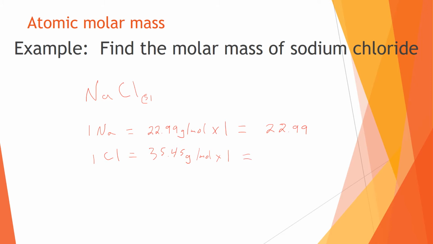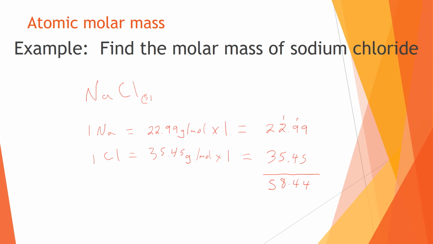So the chlorine weighs a total of 35.45 grams. And then after that, I just simply add them up. 4, carry the 1, 4, 1, 6, 7, 8, 3, 4, 5.